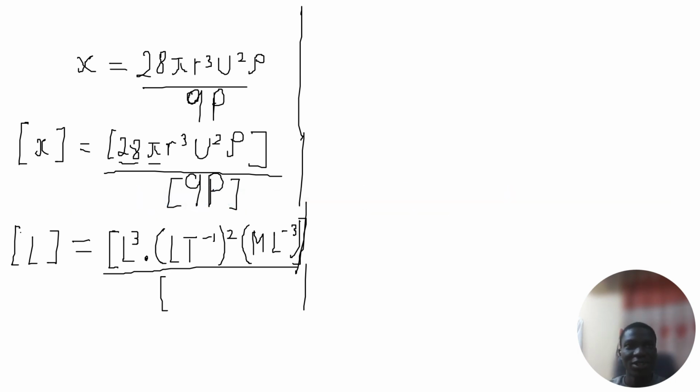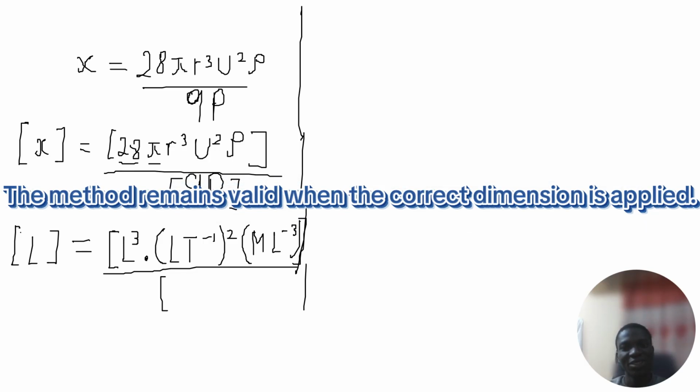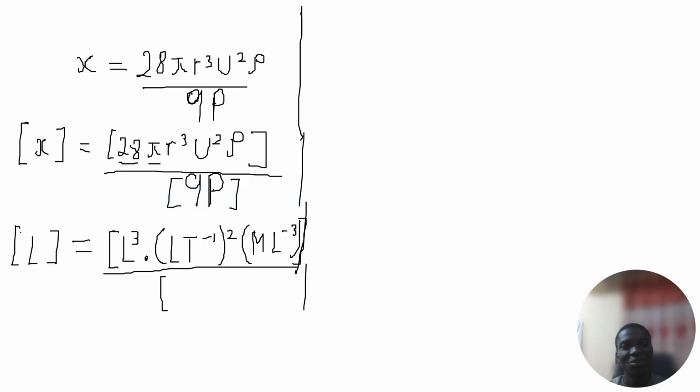One meter on top, two meters at the bottom, so one meter cancels one of the meters, and the remaining meter stays at the bottom. Check the previous slides for the dimension of pressure. It should be kilogram per meter per second squared. So for kilogram that's capital M, per meter, L raised to the power minus 1, and per second squared, T raised to the power minus 2. And this is what we have for pressure.